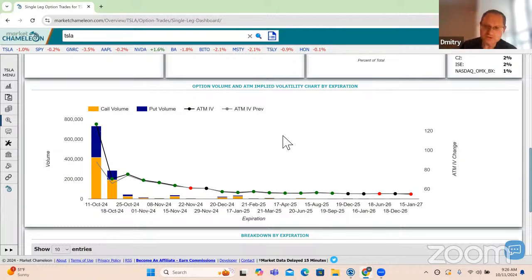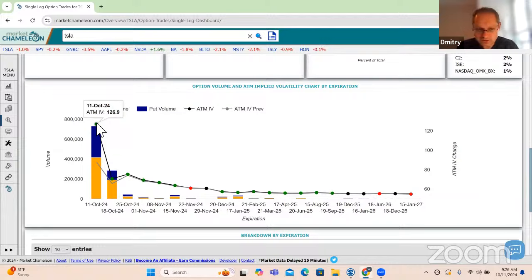So that's the next thing on this graph that we're showing. And you can see there are two lines here with either a green or red dot. The one line is the previous day's closing implied volatility for each of these expirations. And then the next line is comparing what is the implied volatility currently on that same strike.